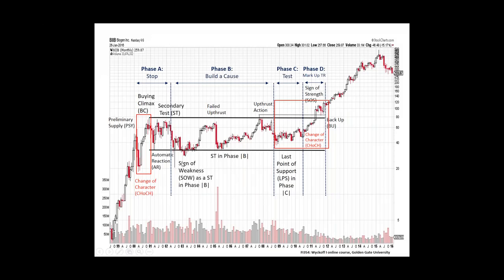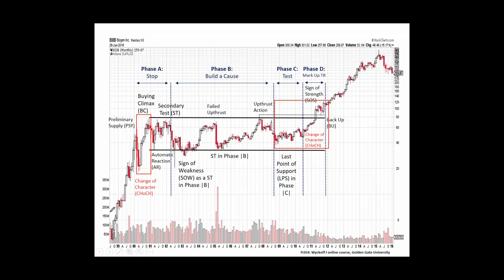So let's say that we don't see phase C here, and we see maybe phase B and phase A. How would you look at those phases, and how would you start your analysis? Well, I like to go over to the left and start with how the prior trend ended.